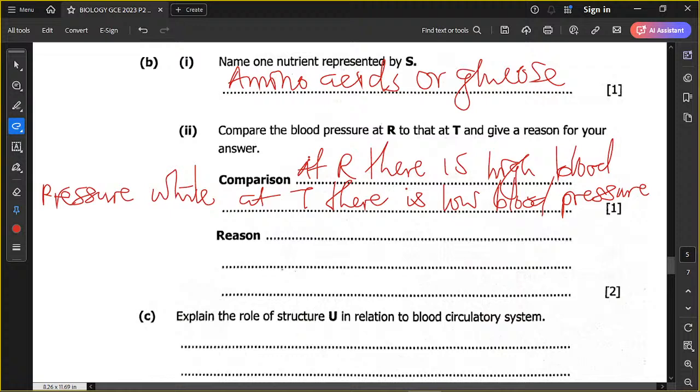Now, why is that? Why at R is there high blood pressure and why at T is there low blood pressure? Because at R, the blood comes from the heart.